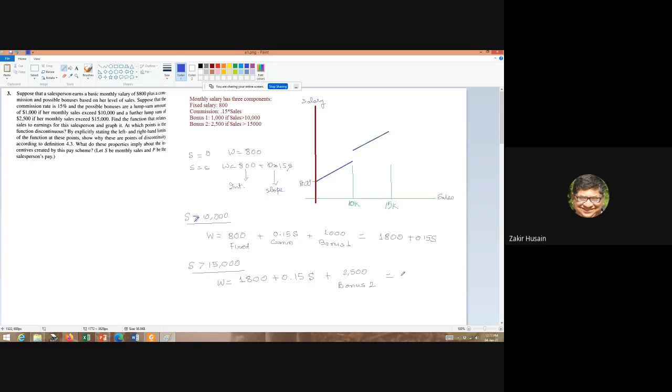So what is the intercept? 4,300. Okay, so again we see that the slope is the same. So all the three lines are parallel.